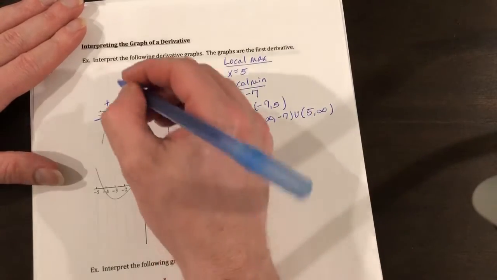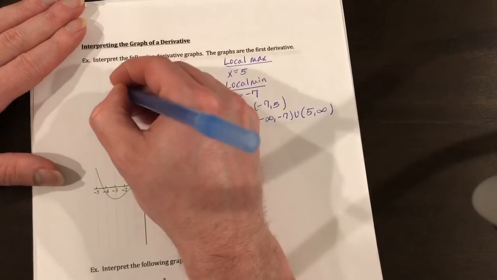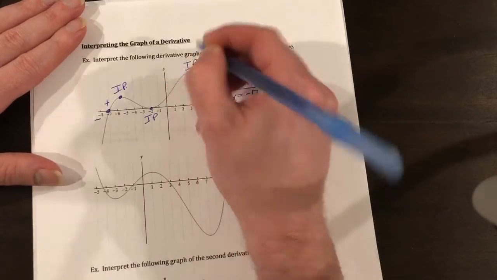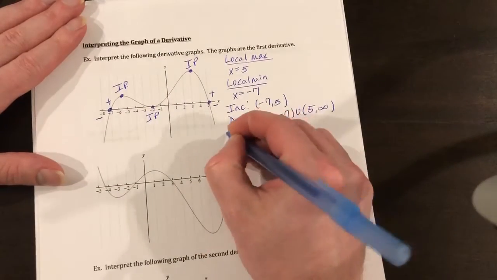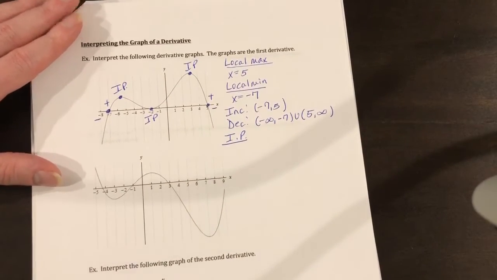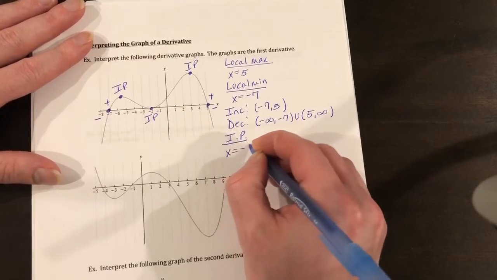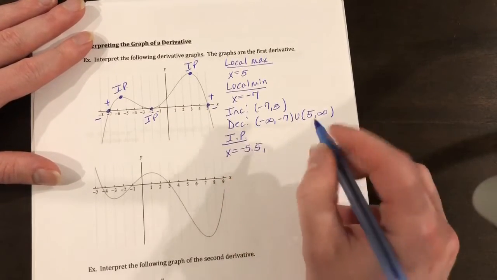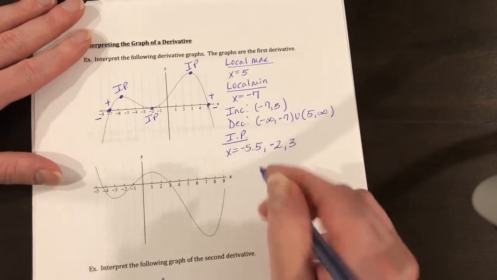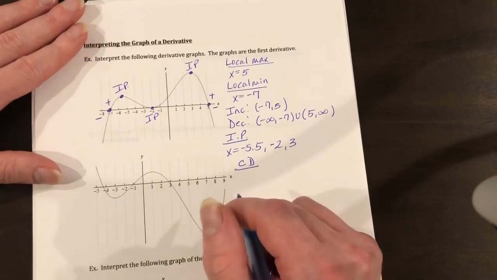Now, if we're talking about inflection points, they occur at the hills and valleys. Okay, so we're going to have inflection points at, it looks like, x is equal to negative 5.5, negative 2, and 3. This graph is going to be concave down where the slopes are negative, okay?